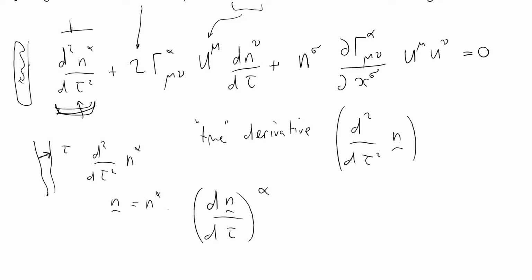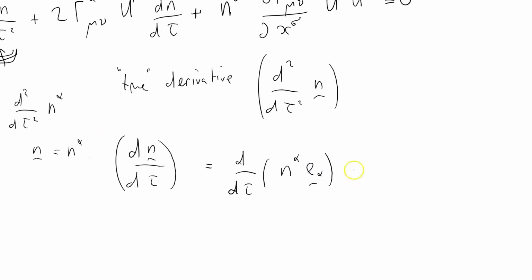Well, we'll just write out the definition of it. I'll leave the alpha off for the moment. So it's d by d tau of n, and n is just n alpha e alpha, which is equal to, we'll just differentiate each of those terms in turn.